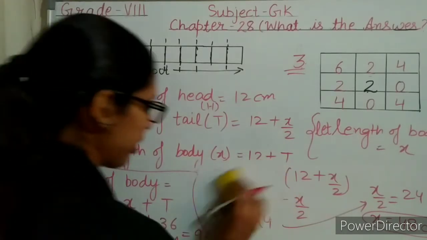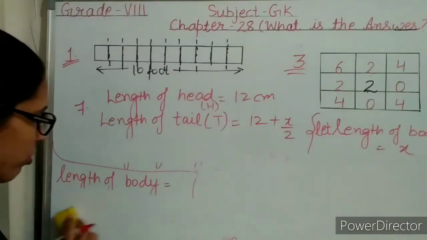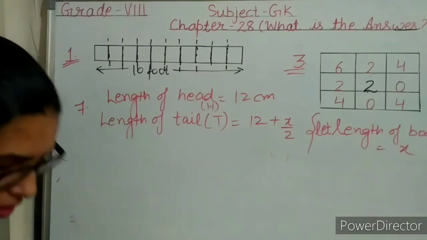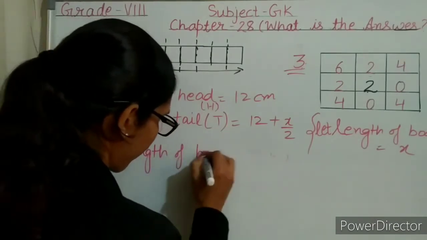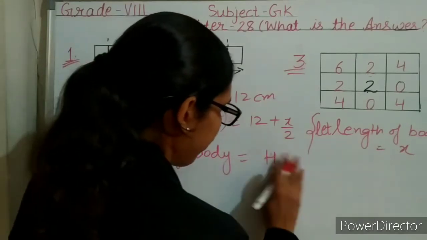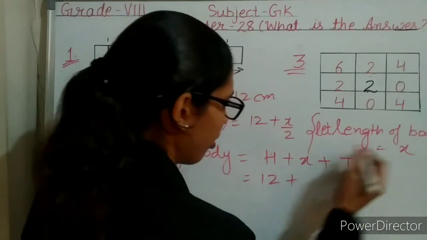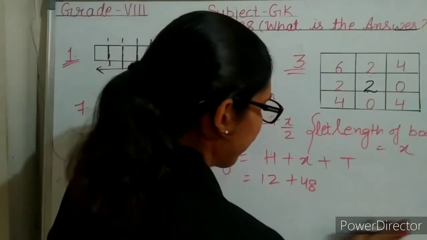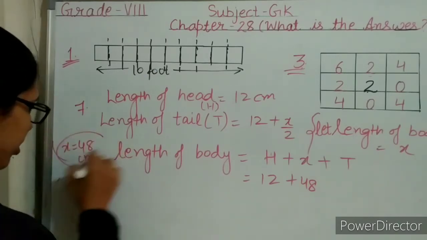If you have any confusion, I can erase it here and let me do it again for you. So the length, let me erase it so that it will be so clear to you. Head plus body plus tail. Head is equal to 12, body is equal to 48. We had got x is equal to 48 centimeter.